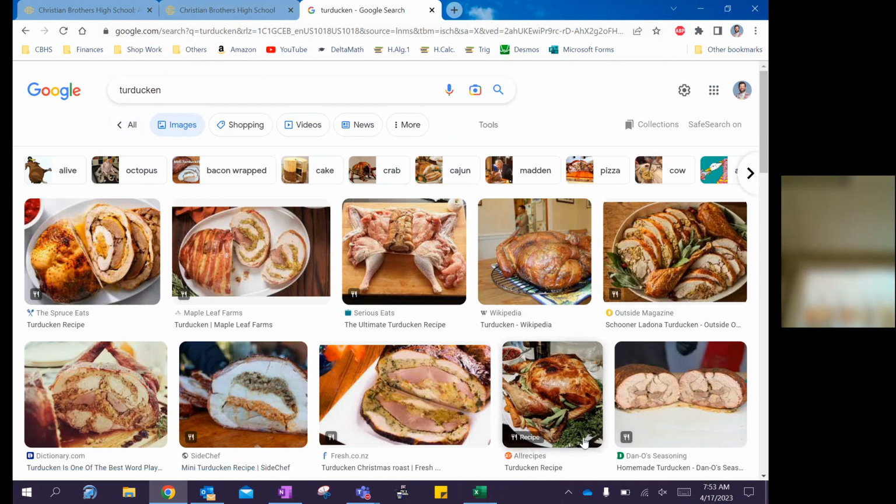Anybody ever heard of a turducken? Have we talked about the turducken in here? The turducken is a creation of John Madden's. At least he made it popular one Thanksgiving football game. It is a chicken shoved into a duck, which is then shoved into a turkey. And then it is cooked and made delicious.